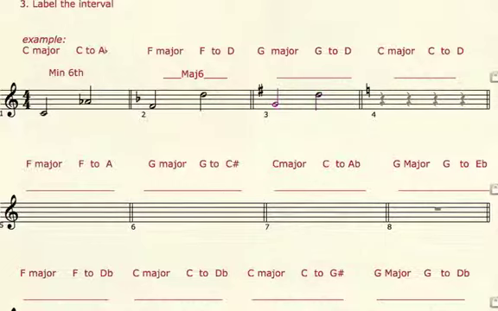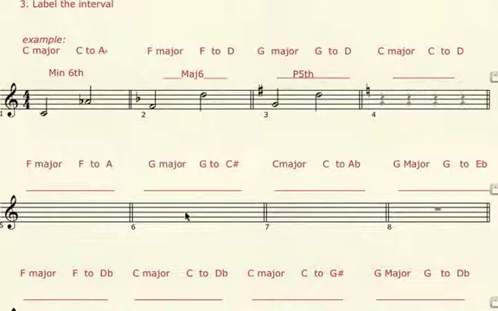We know all intervals, if they're diatonic to the key, will be major or perfect. So we ask ourselves, is that D in the key of G? And of course the answer is yes, because there's no accidentals. It's not a D flat, it's not a D sharp, it's a D, and therefore that is a perfect fifth. Perfect fifth. And just carry on like that, putting in the key signature and then computing the interval.